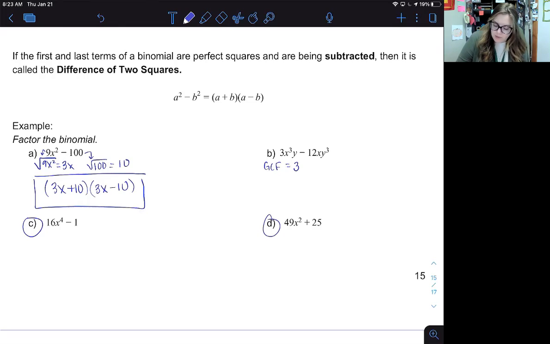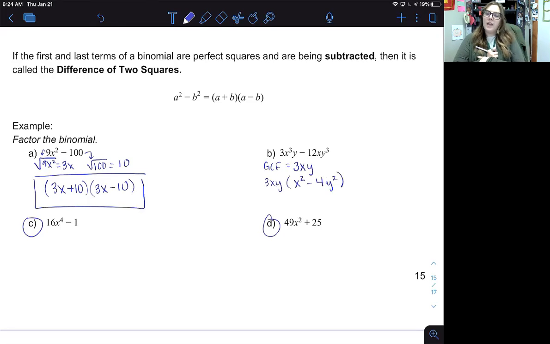Our lowest exponent for x is x, and our lowest exponent for y is just y. So let's factor that out. So we have 3xy times the quantity 3x cubed y divided by 3xy is just x squared. And then negative 12 divided by 3 is a negative 4. Our x's cancel, and we're left with y squared.